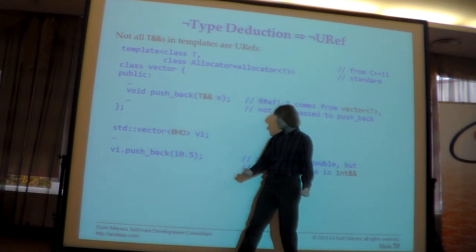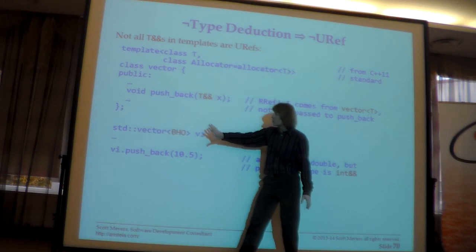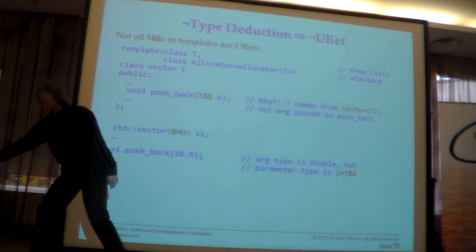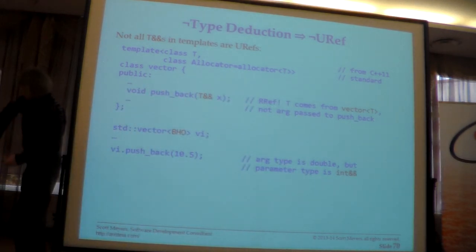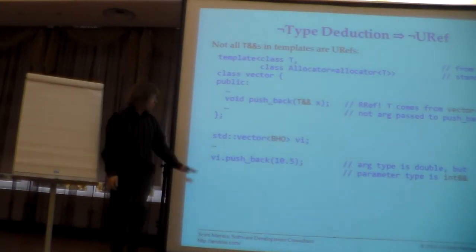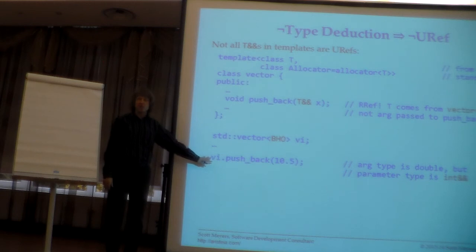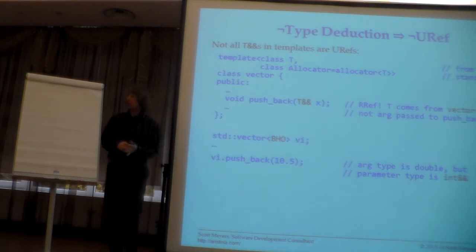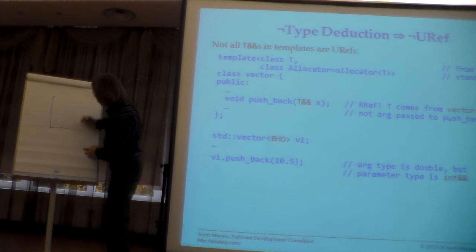Then what will happen is we will create a big honkin' object, so I'll adjust my picture now. When this code is executed at runtime, we will create a big honkin' object in memory.